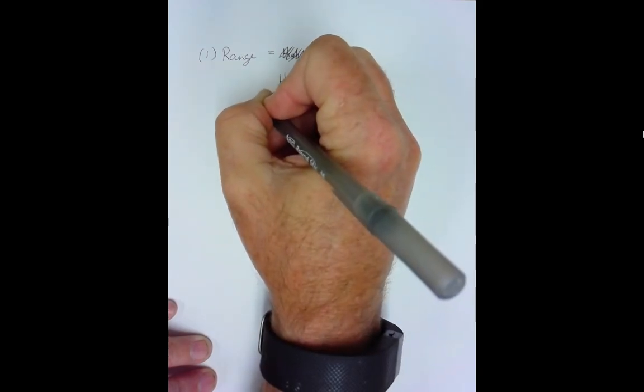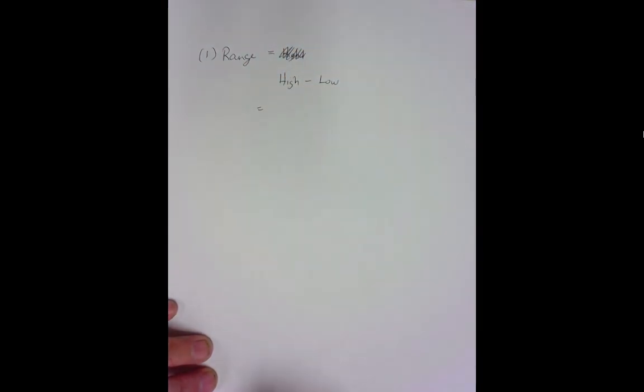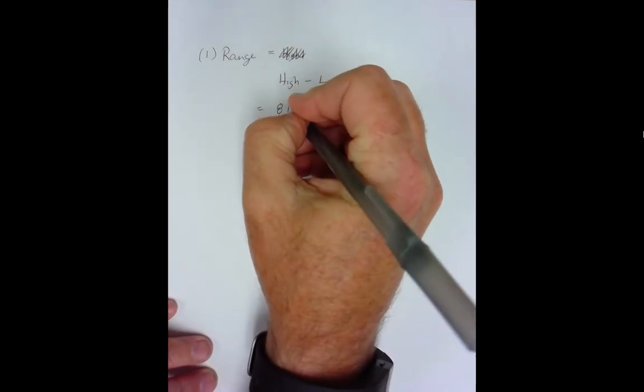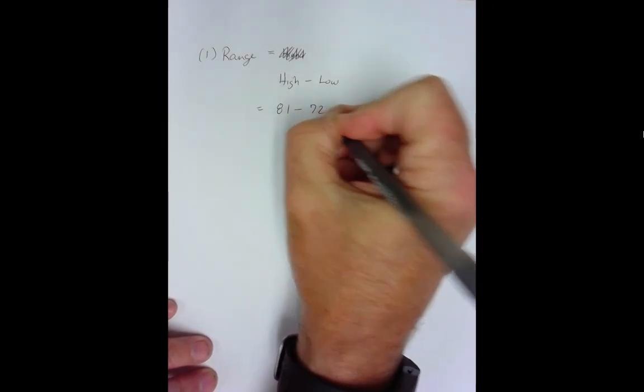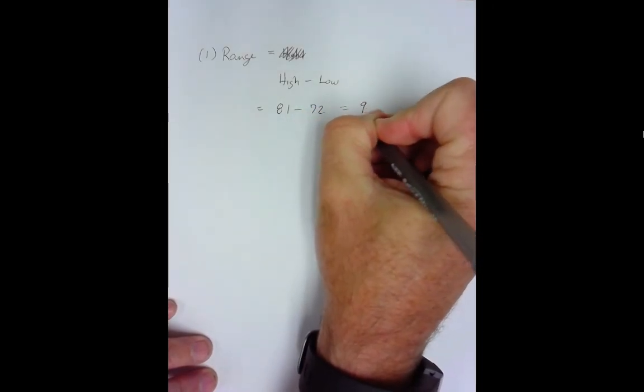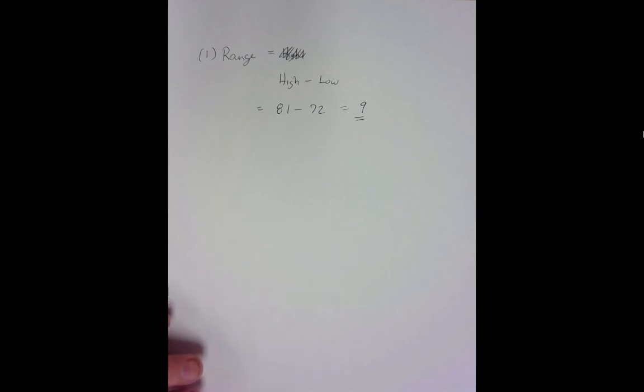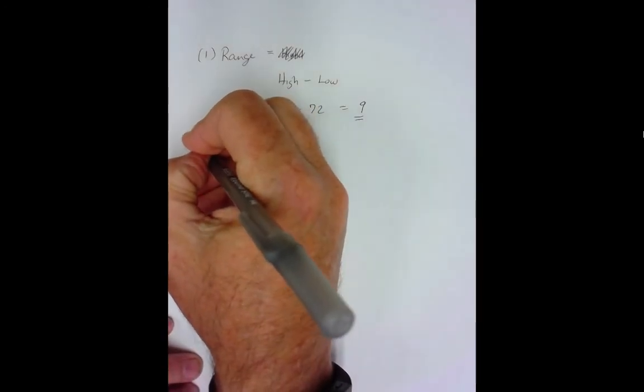Because it only takes two numbers and requires you to only do a subtraction. So the highest score that I had in these 7 scores was an 81. The lowest score that I had was a 72. So the variation in those scores, according to the range, was 9 strokes.